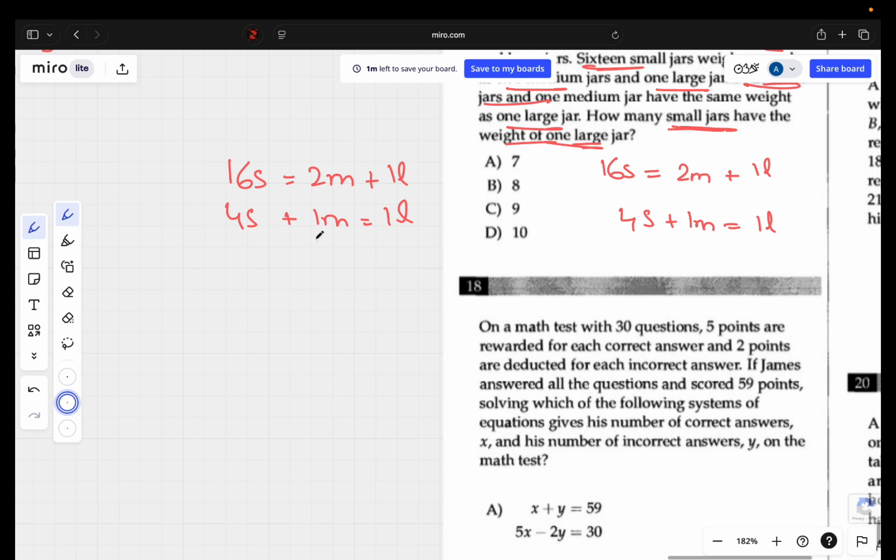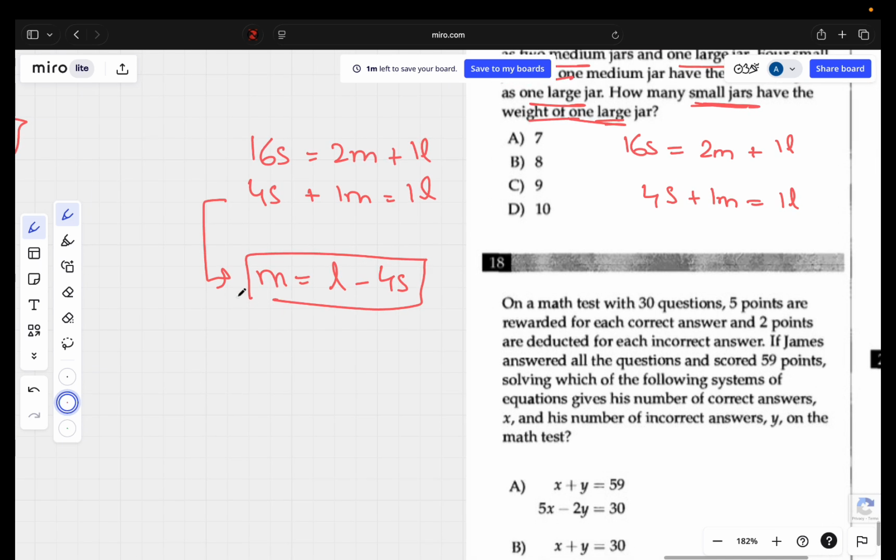Now, if I take the second equation, I can make m the subject, so 4s goes on the other side. I can write this as m equals 1l, or just l, minus 4s. That's all I did. So m equals this.